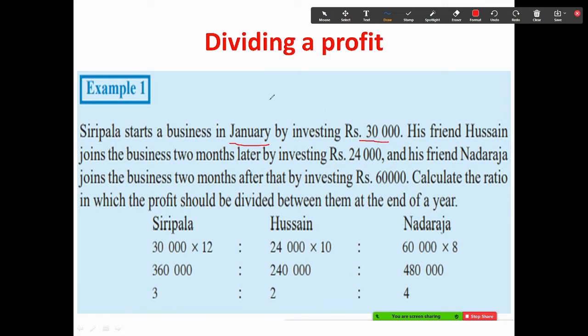That amount is in the business all the 12 months because he invested in January. So the period is 12 months. Siripala's investment is 30,000, and the period of investment, the number of months, is 12 months.